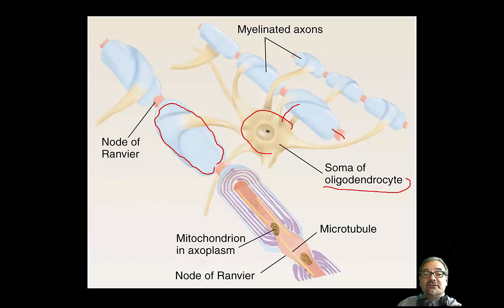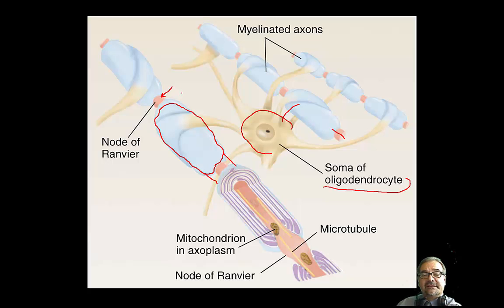One thing to notice also is that the myelin sheath is not just a continuous sheath. In between the different myelin wrappings are areas like this called nodes of Ranvier, and we're going to focus on them later in this lecture. Nodes of Ranvier allow for the regeneration of signals down an axon.